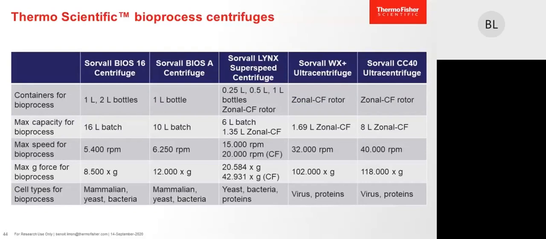So this is offering the full range from the 1 liter bottle up to the 8 liters continuous flow zonal rotor, from as minimum as 500 G-force up to 120,000 G-force, addressing the different steps of the bioprocess workflow, being the harvest step, the clarification step, and the purification step of the different application, different type of cells for separating mammalian cell, yeast cell, bacteria cells, protein, virus, and other type of micro-size and nano-size particles.